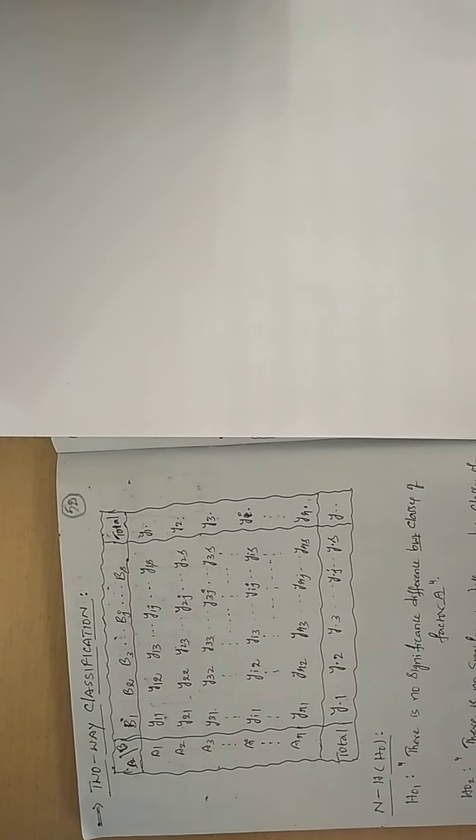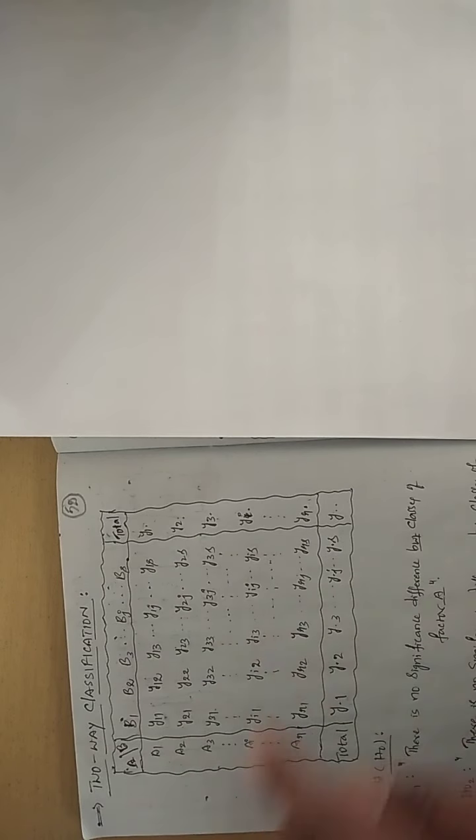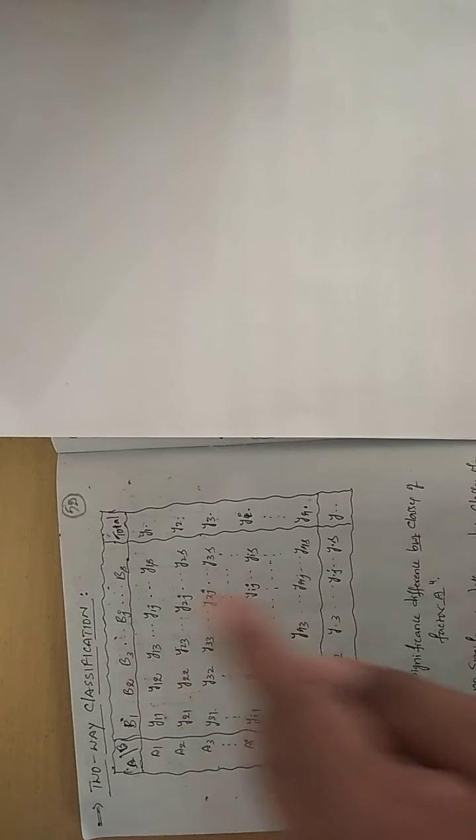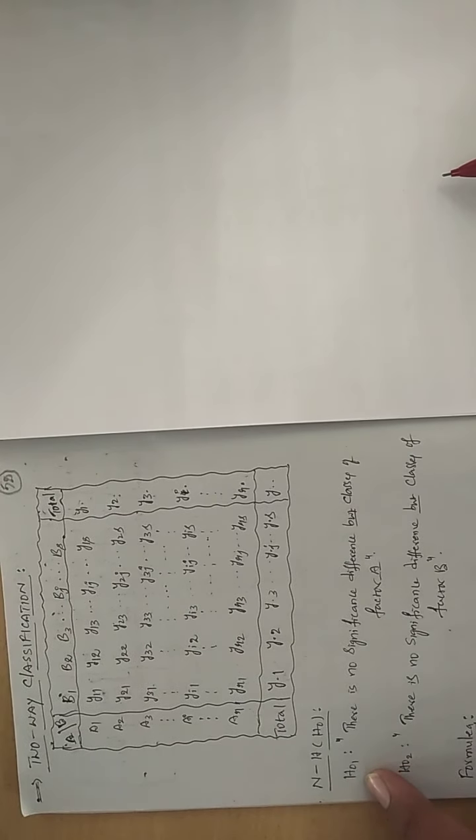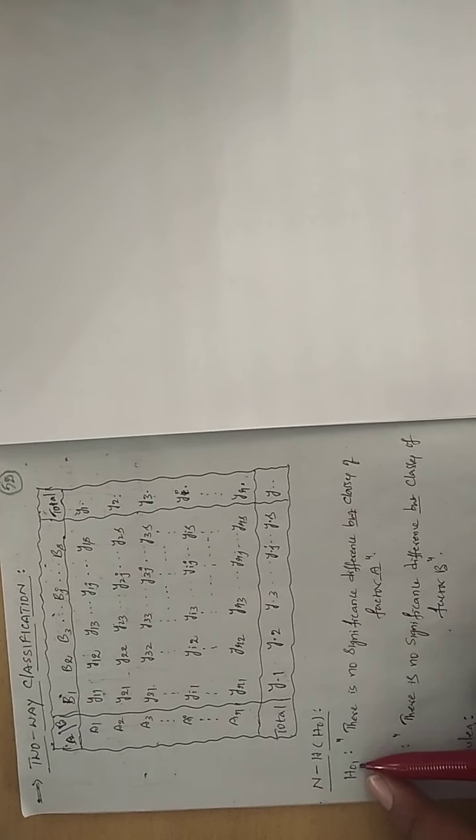Now let us go for the null hypothesis. How many null hypotheses? 2. One is exclusively for rows and one more is exclusively for columns. So according to our example, what is the rows information? Price. What is the columns information? Colors of the cars. Now let us see H01, that means null hypothesis 1.